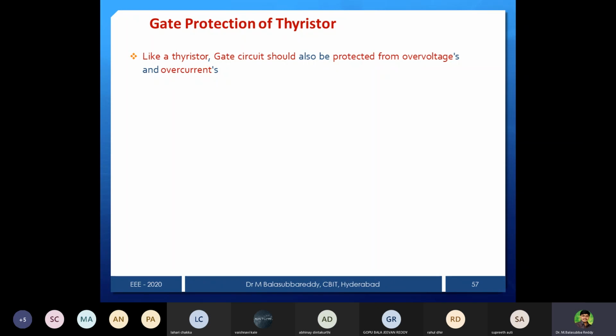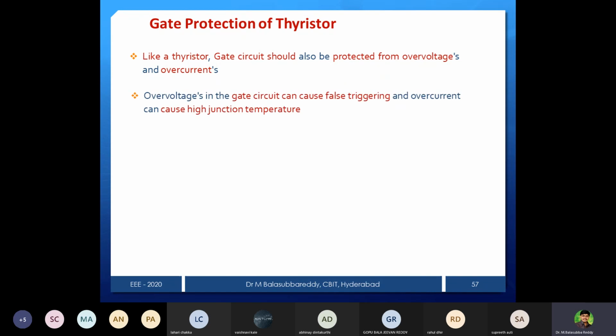IG minimum is the minimum gate current required to trigger the device below the breakover voltage. Otherwise, if IG is below the minimum, then the triggering voltage will be the same as the breakover voltage. So that phenomenon we need to take care of.